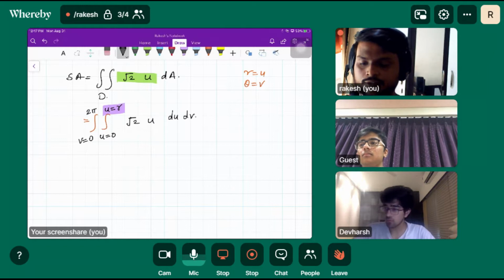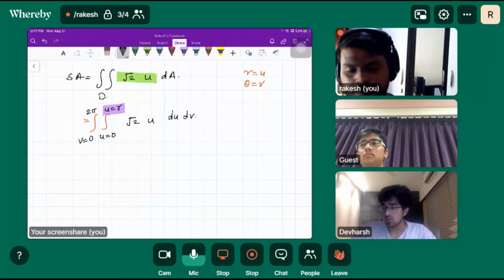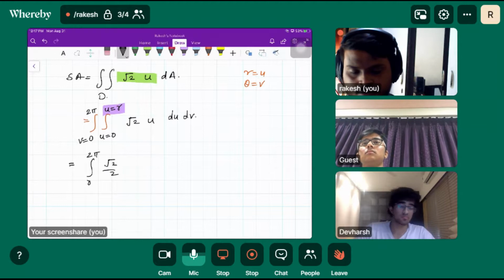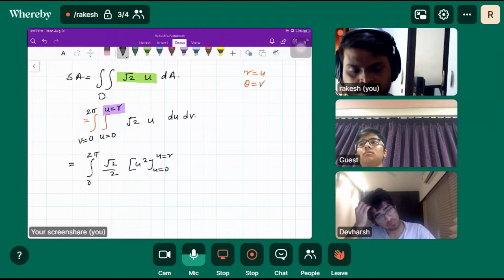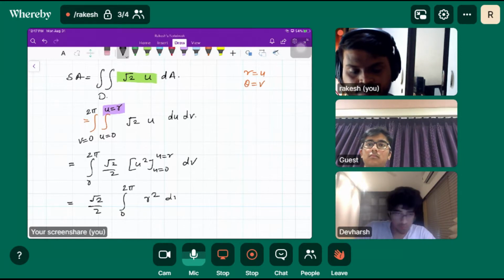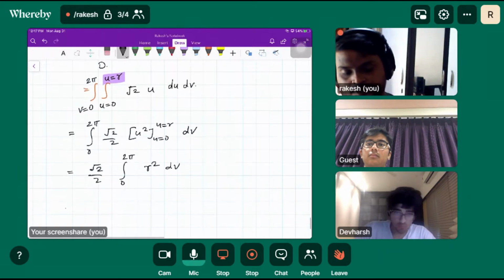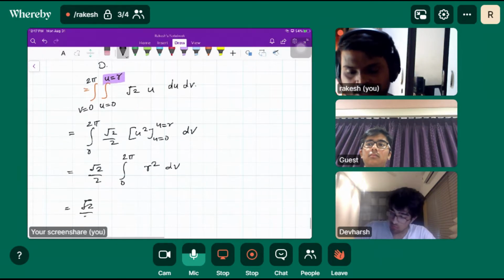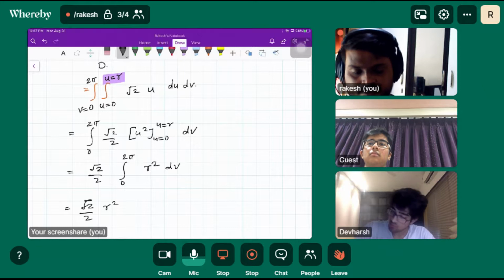So that will be the integral from 0 to 2 pi of root 2 by 2 u square, with u from 0 to r, dv. Root 2 by 2 r square dv, from 0 to 2 pi. Root 2 by 2 r square is a constant, and we are integrating with respect to v.